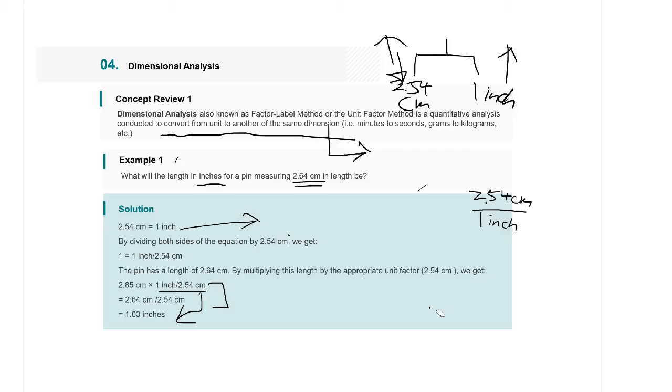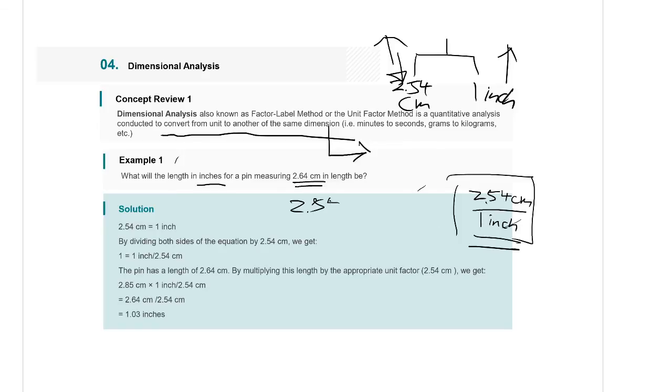The fraction method. For every 2.54 centimeters we have 1 inch, so this is from our ratio, 2.54 to 1 inch. We want to convert 2.64 centimeters to I don't know how many inches.